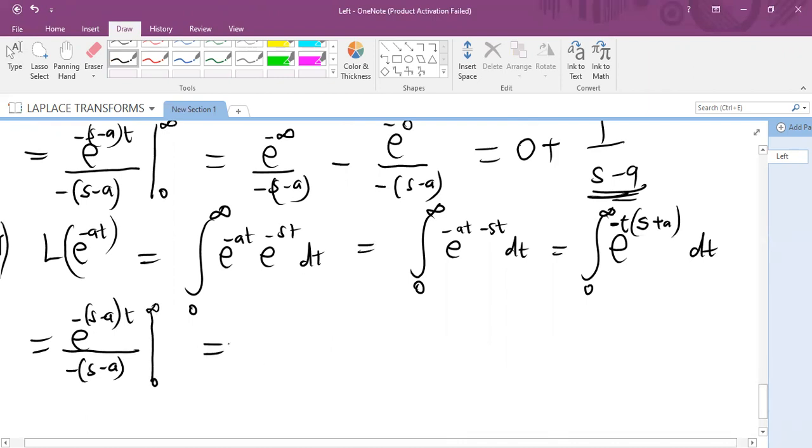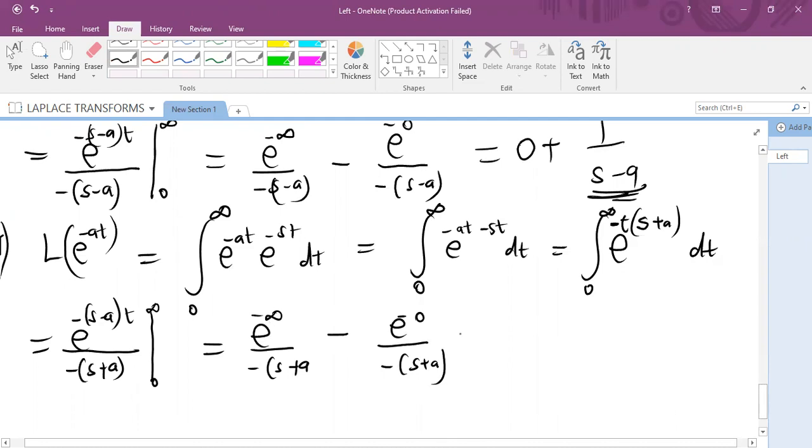Replacing the ranges, replacing infinity where there's t, the whole of that will be e^(-infinity) over -(s+a), minus, replacing 0, e^(-0) over -(s+a).